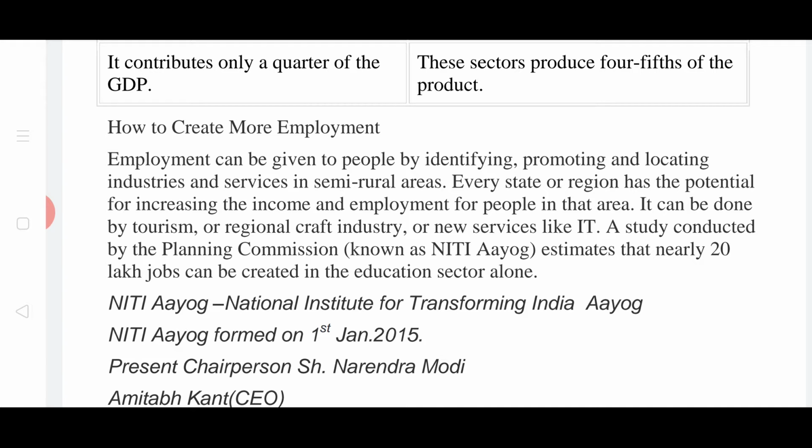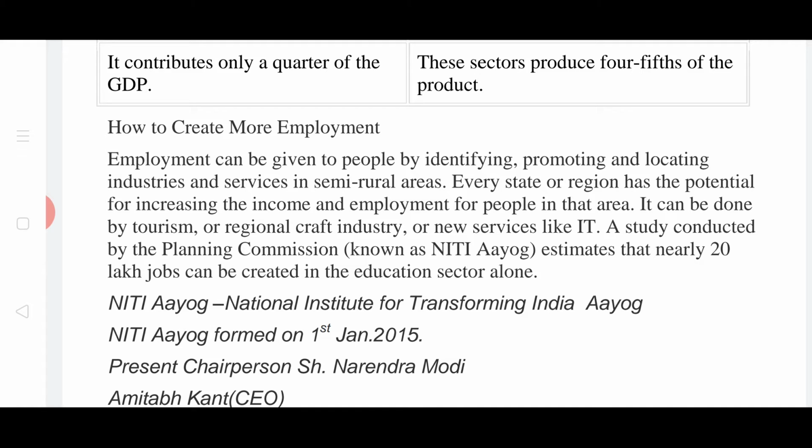If vacancies are only 10% and hundreds or 200 people apply, naturally the remaining will be unemployed or underemployed. So to create more and more employment, we should decentralize the industrial sector.